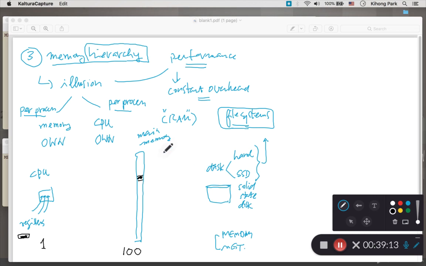What about disk and main memory? I'll use hard disk as the main reference. SSD is faster, but I'll use hard disk, which is still used mainly on servers and such. So suppose this main memory is our reference point. So we call main memory 1. Then relative to main memory, how slow is disk? By about 1,000.